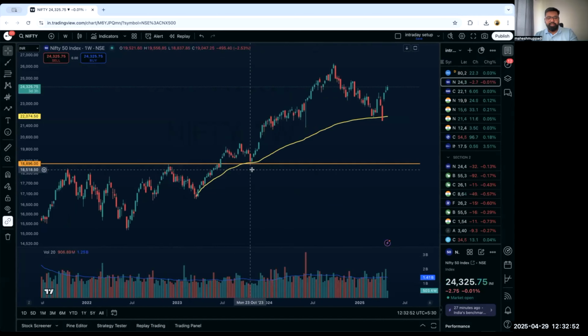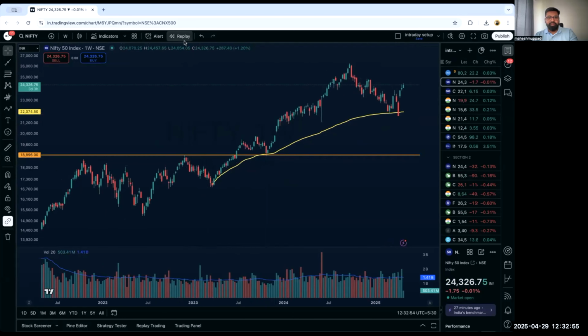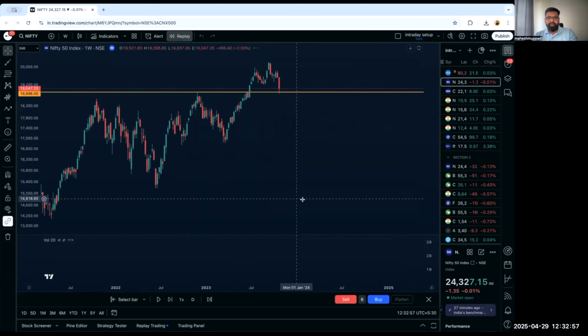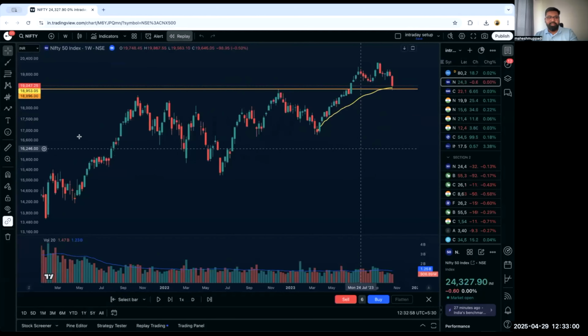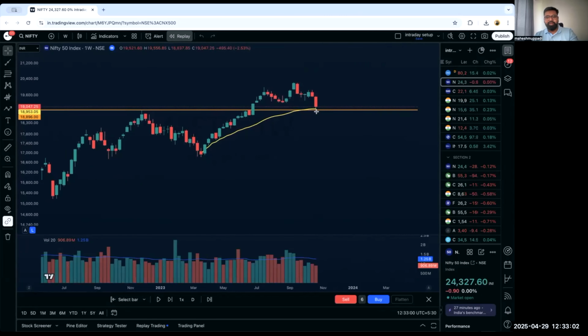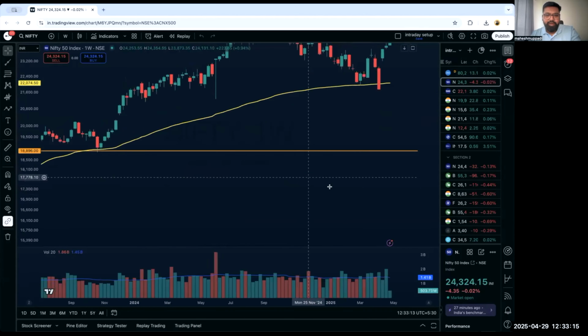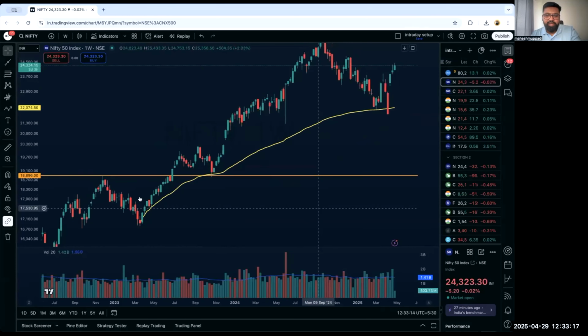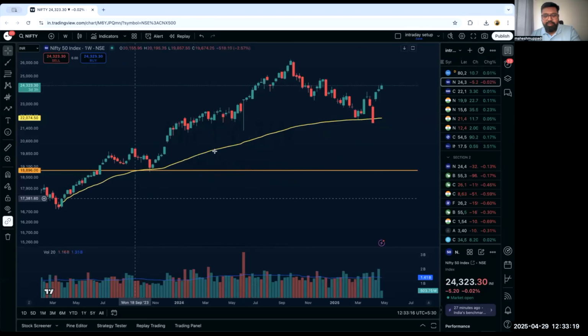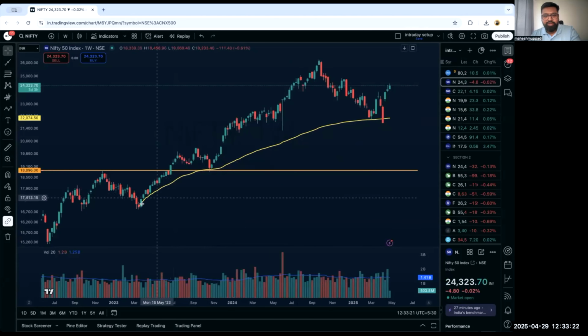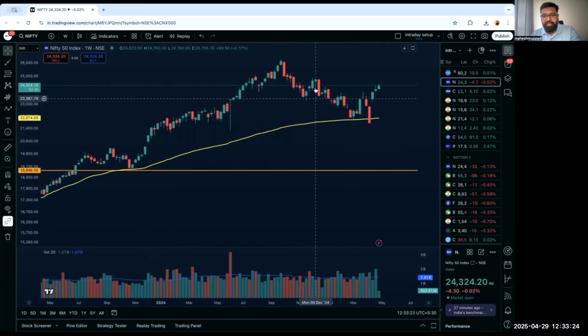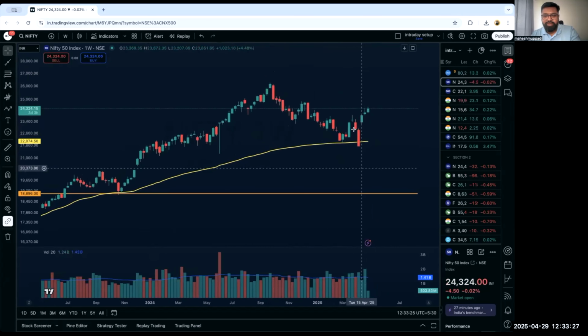Even if we take this level as the current price, you can see that price has respected this anchored VWAP. Same way as we continue till the current price, this anchored VWAP has provided a strong resistance level, and when price came to this level, it reversed from this level.